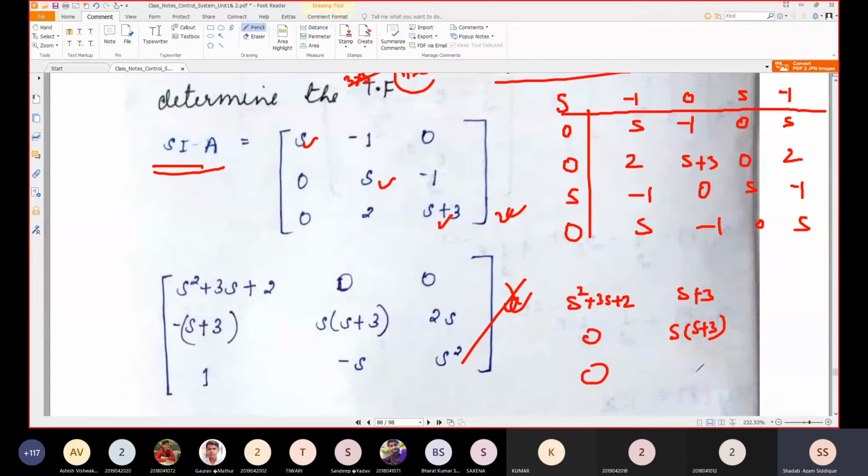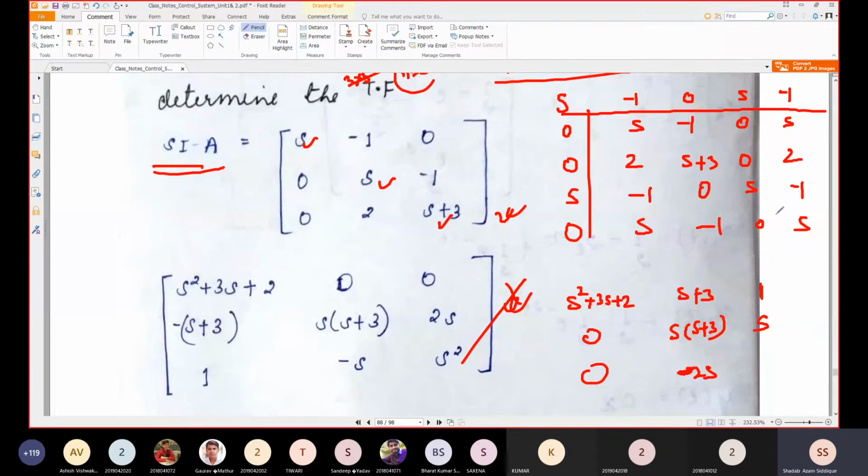This will give you 2s, so this one will be minus 2s. Now the next term: minus of minus will be plus 1, and s into 0 will be 0. This will be s and minus 1, so this will give you plus s.